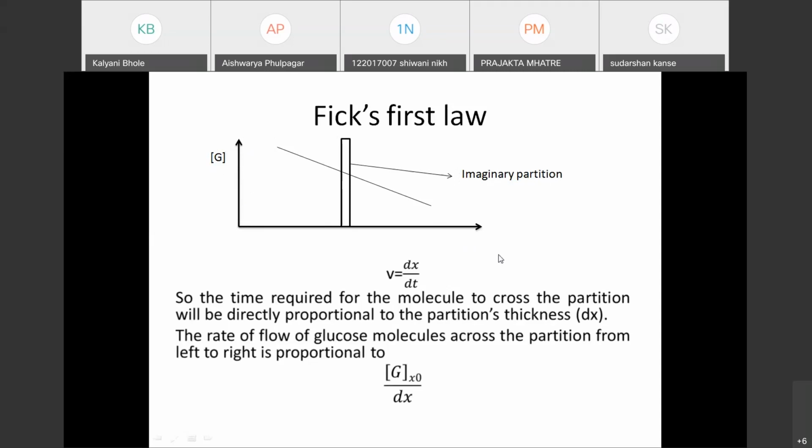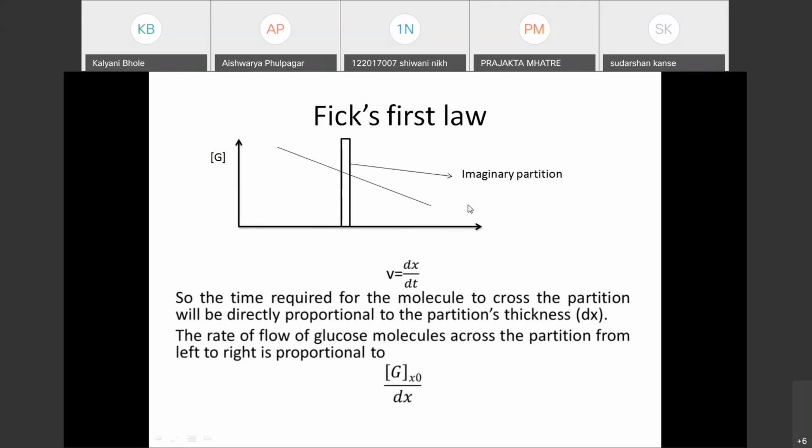Imagine a very thin partition in this solution. This thin partition is perpendicular to the x-axis, along which the glucose molecules are moving.